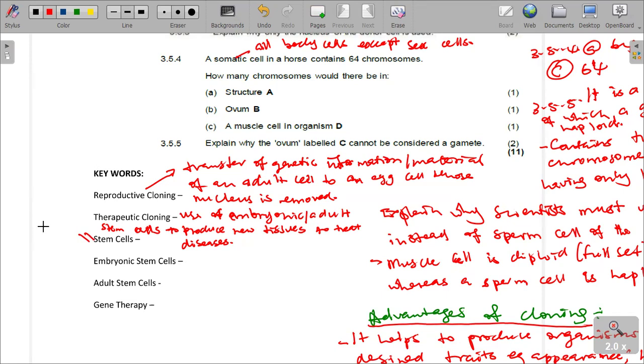Embryonic stem cells are stem cells in the embryo that produce new cells that begin to differentiate into different cells or different tissues.